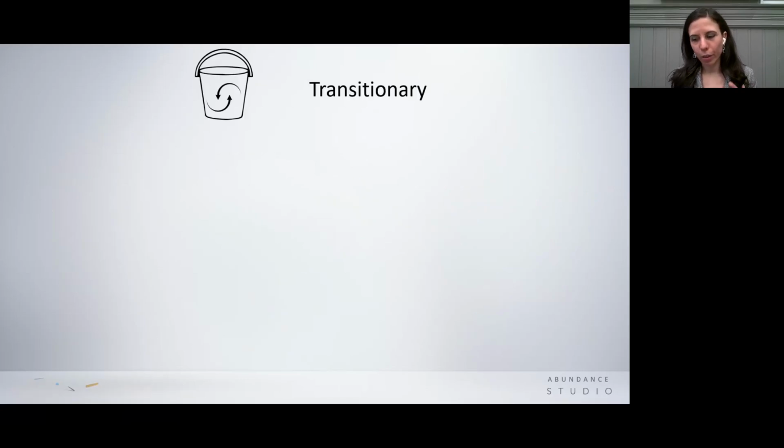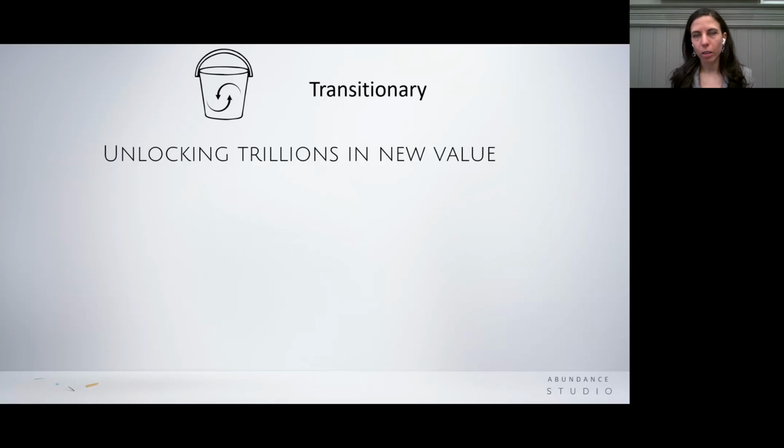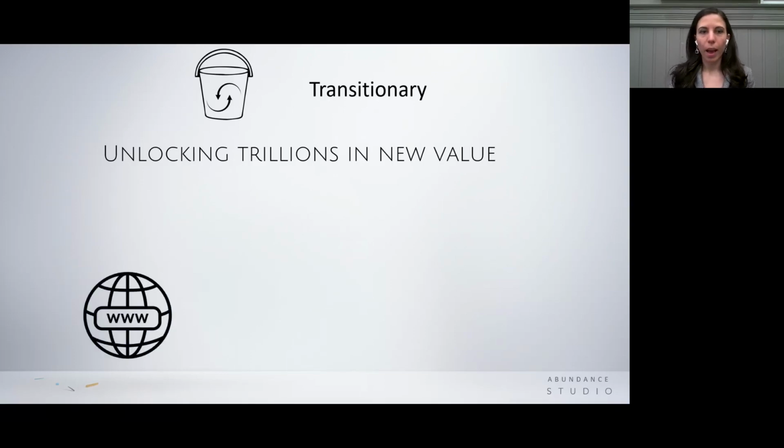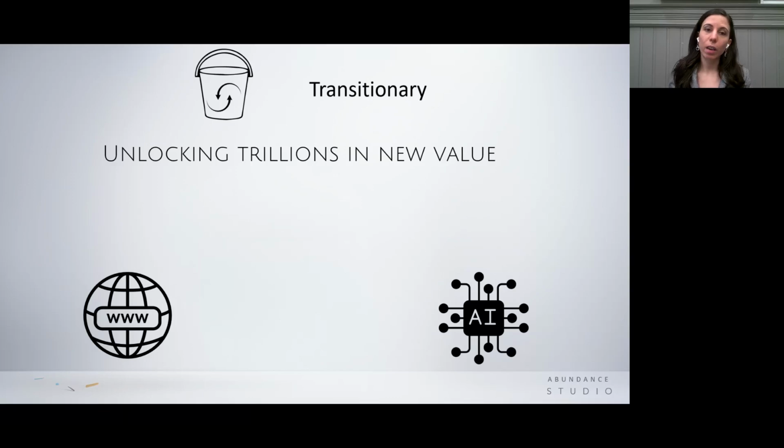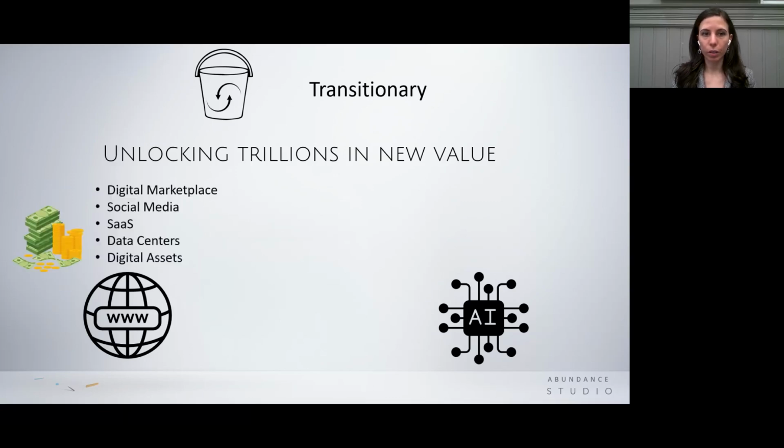In essence, though, if we think about what's happening in the transition aspect of the polycrisis, it's unlocking new value. And in the case of AI, as I mentioned in the last webinar, it's unlocking trillions in value. Just as we had the internet come about, it created market shifts and waves, and it disrupted a lot of businesses, but it also created a lot of new value, and we have adjusted to it.